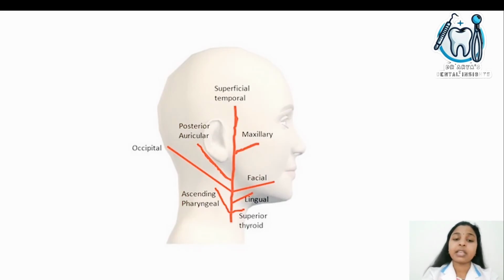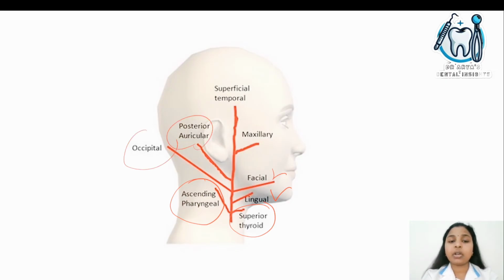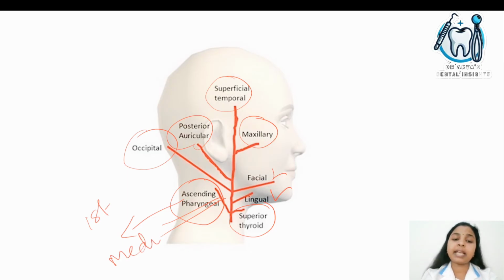It is ascending pharyngeal artery, superior thyroid, lingual, facial, posterior auricular and occipital, then superficial temporal and maxillary. So this is the first part, that is ascending pharyngeal artery.